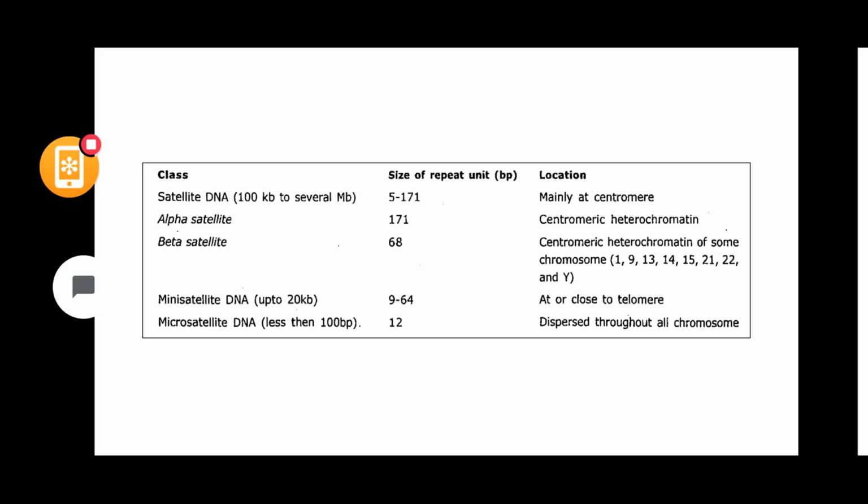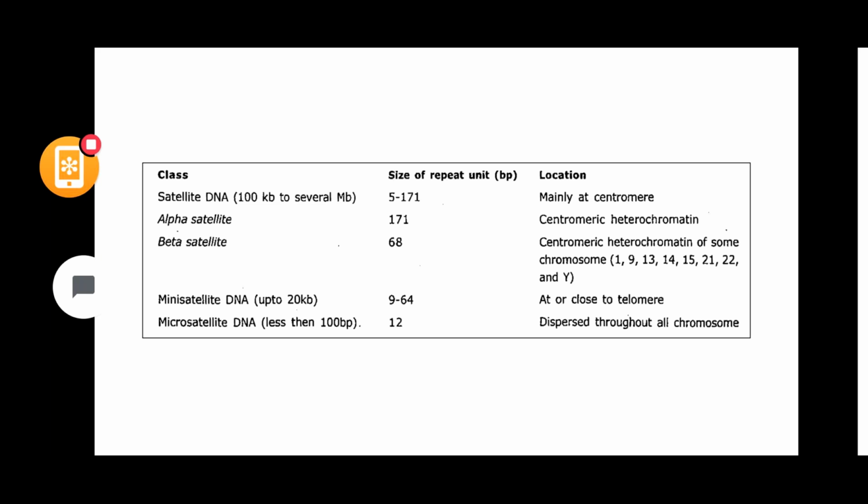This satellite DNA is further distinguished as alpha satellite and beta satellite, present in the centromeric heterochromatin region. The repeat unit of alphoid satellite DNA is 171 base pairs, and beta satellite DNA has a repeat unit of about 68.